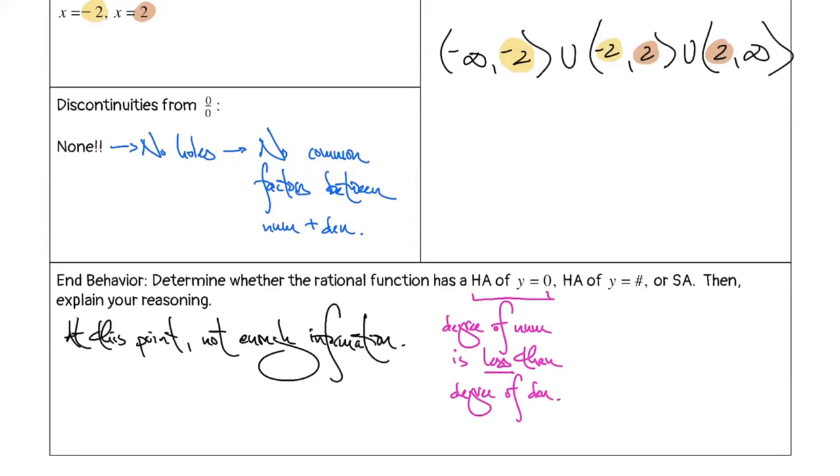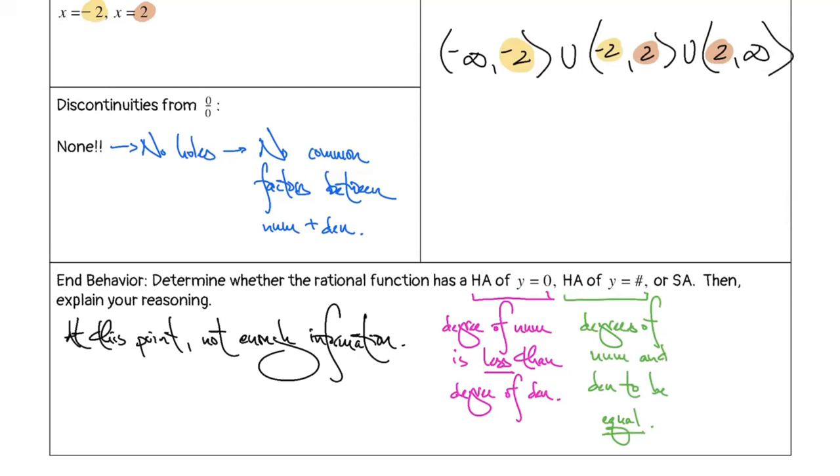So if we want a horizontal asymptote of y equals 0, we want the bottom to overpower the top, meaning there's a higher degree in the bottom. But when we get a horizontal asymptote of y equals a number, we want the degrees of numerator and denominator to be equal.